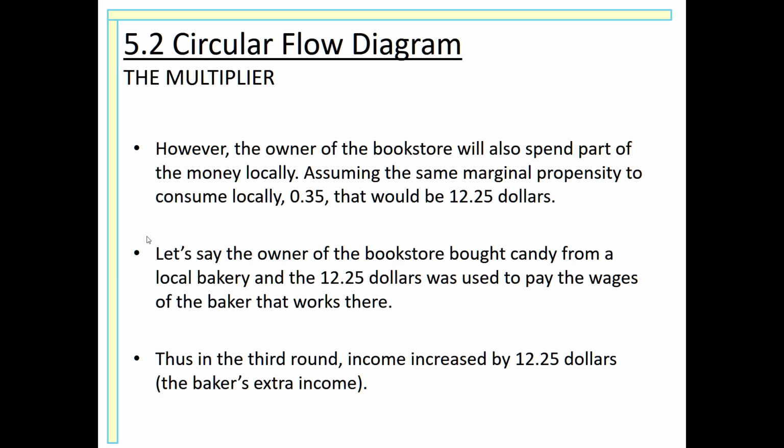Let's say that the owner of the bookstore bought candy from a local bakery and the $12.25 was used to pay the wages of the baker that works there. Thus, in the third round, income increased by $12.25. That's the baker's extra income.